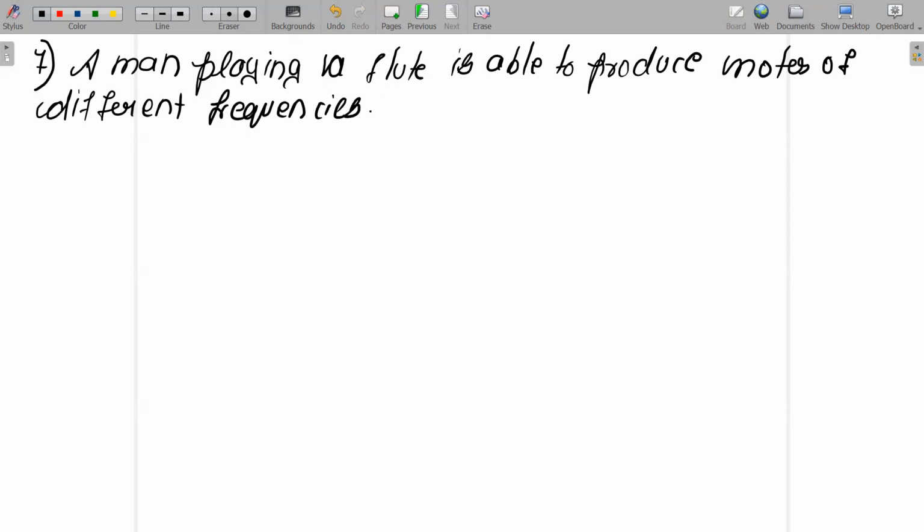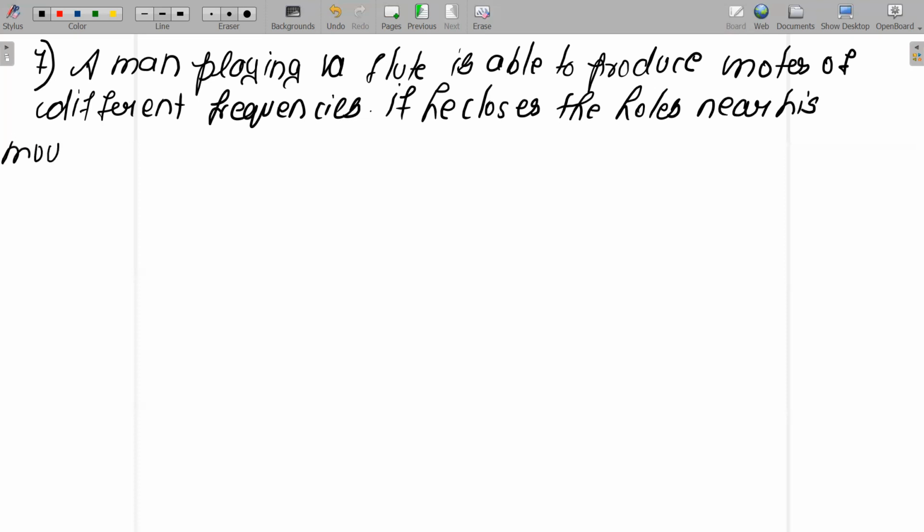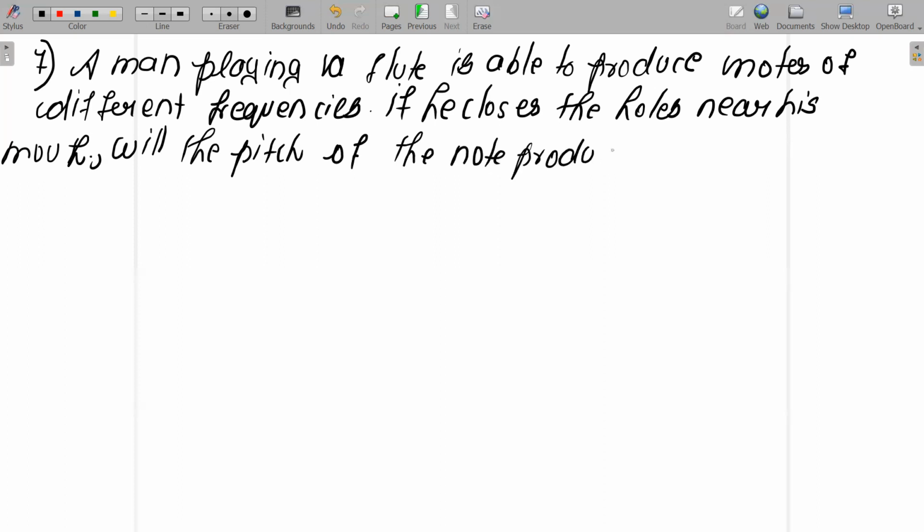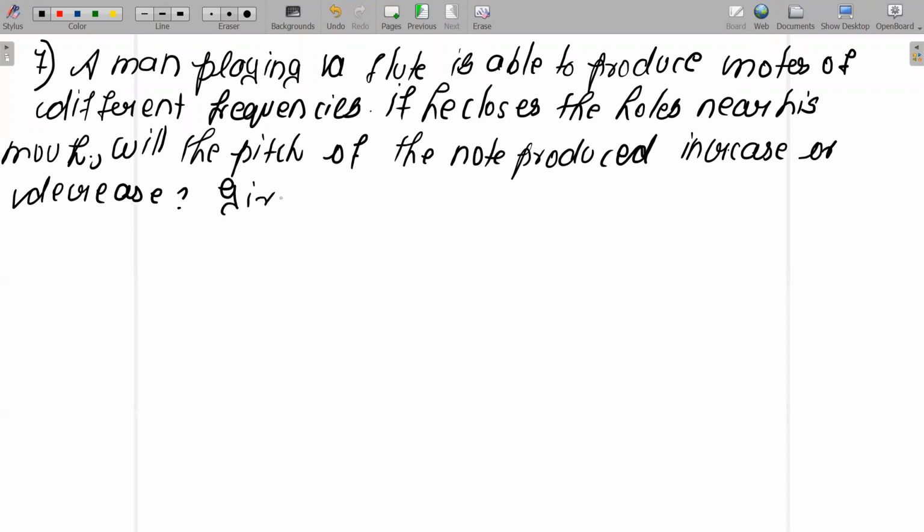If he closes the holes near his mouth, will the pitch of the note produced increase or decrease? Give reason.